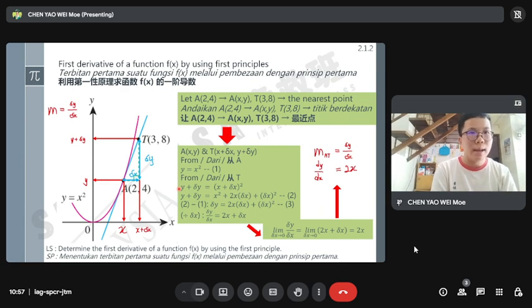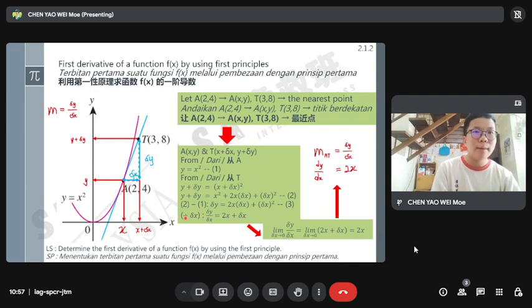Then I do the expansion. I take x plus delta x and square it, and expand it to the simplest form like this. Then I do the elimination method.